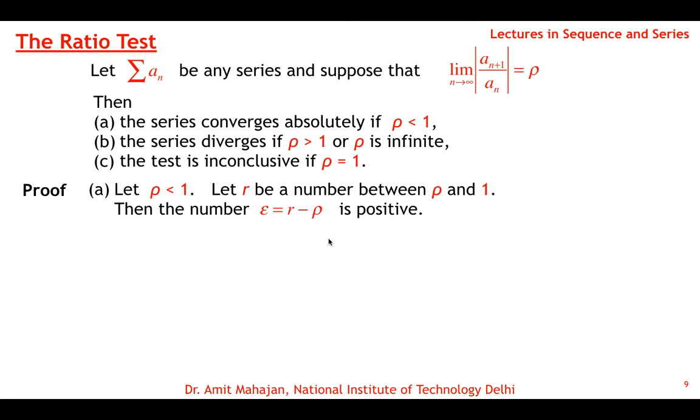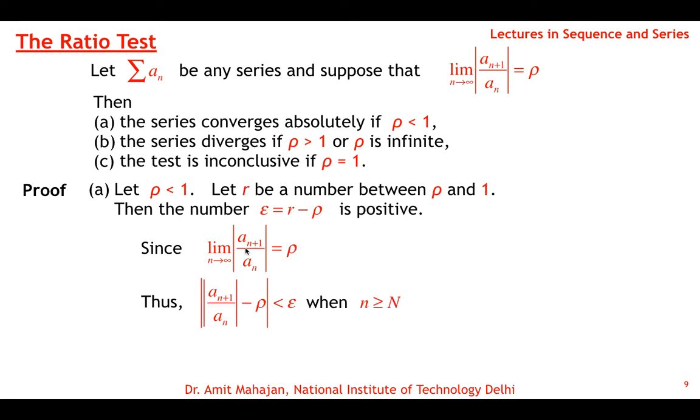By the definition of limit, since the limit as n tends to infinity equals rho, for epsilon positive, we can write that the difference of the modulus of these two is less than epsilon for all n greater than or equal to some capital N. What we used to say is, for every epsilon positive, there exists a capital N such that for n greater than or equal to N, this holds.